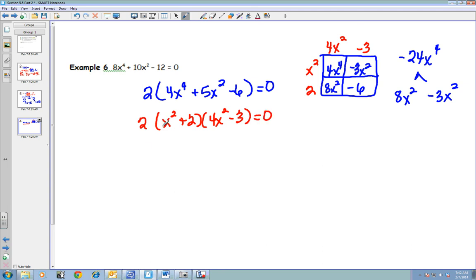Now I'm going to set each factor equal to 0. 2 can't equal 0, so I don't have to worry about that. X squared plus 2 equals 0, and 4x squared minus 3 equals 0. So now I'm going to subtract 2.